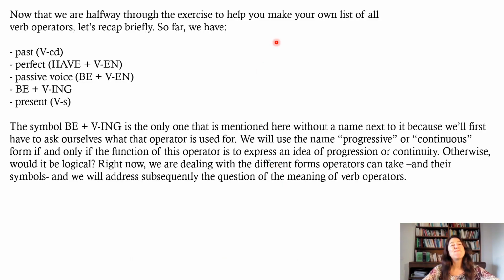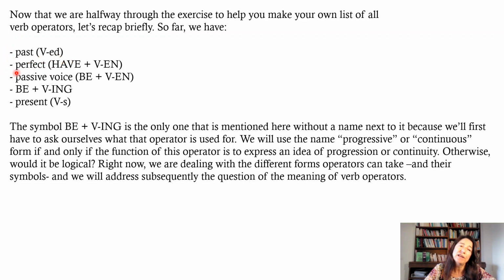We're actually halfway through the exercise that we're making to come up with a list of all the operators we can use to give a form to a verb. So let's recap briefly. So far we have seen that those tools we can use are the past, and the symbol of the past is VED.